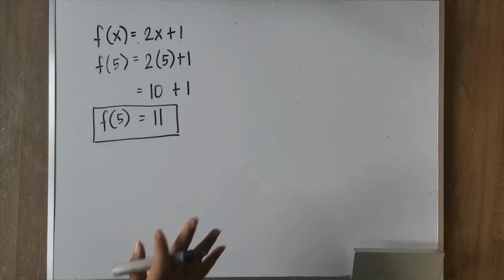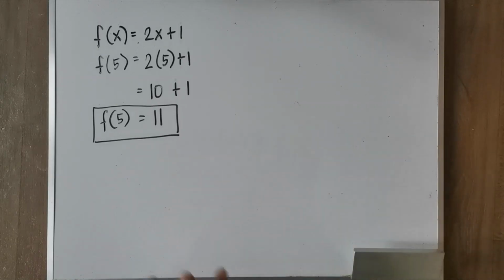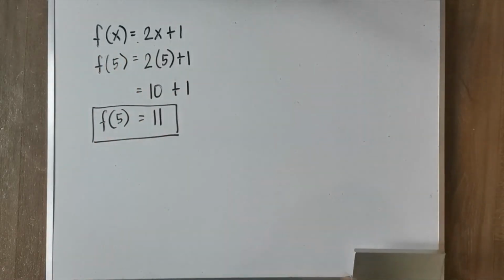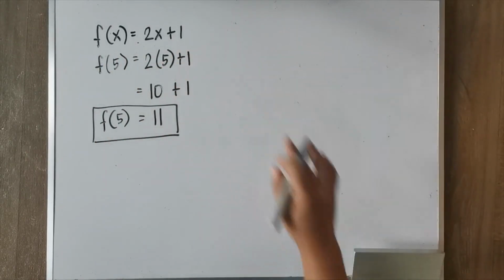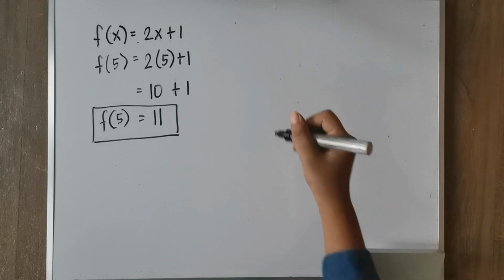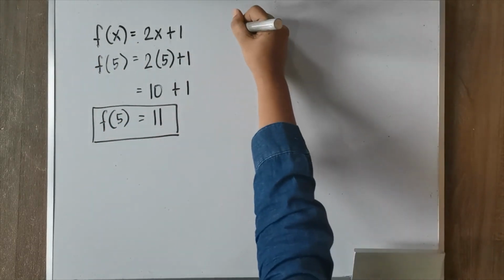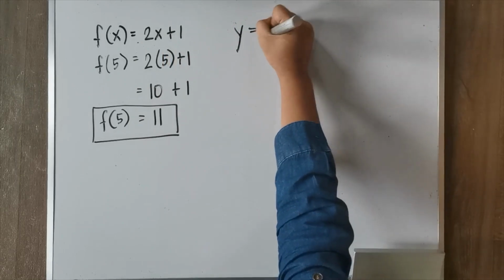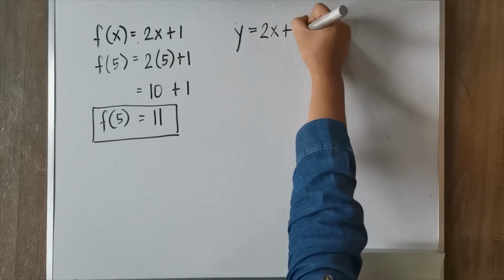We are going to relate evaluating a function to evaluating an equation. As you can see, we have here f of x equals 2x plus 1. We will rewrite this as an equation. Instead of writing f of x, I will write y, but I will simply copy the 2x plus 1.